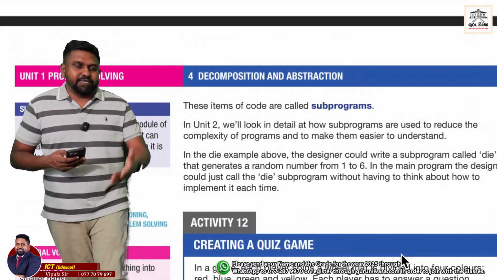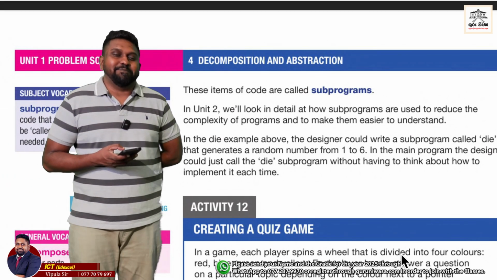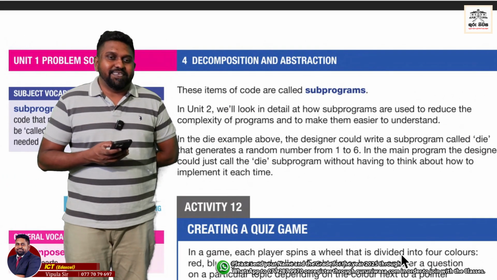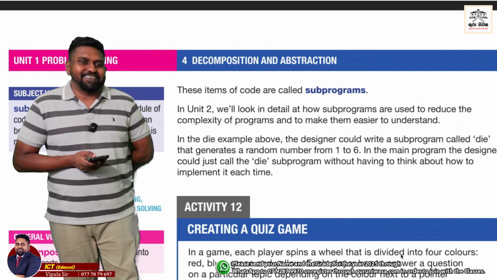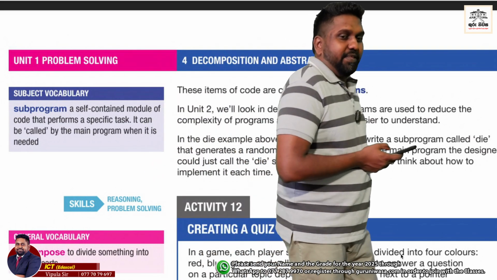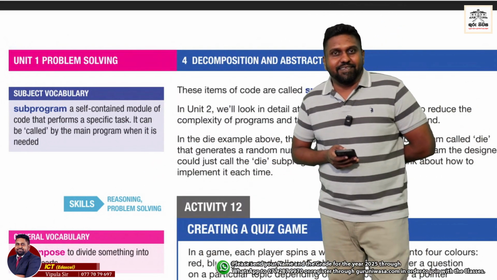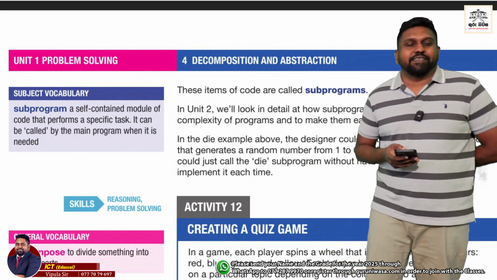So yes, the subprogram is what we will be jumping into in the second unit. Let's check the vocabulary. This is where things get interesting, because now we'll be jumping into coding, and we'll see how this works.